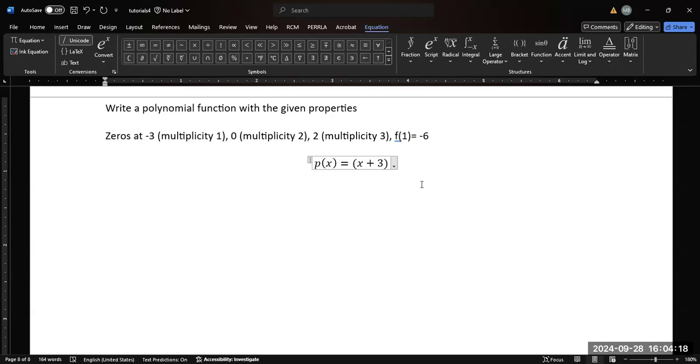There is no power to this expression because it's multiplicity 1. 0 has a multiplicity of 2, so the factor is x squared. And then finally, we have 2, x minus 2 is the factor, but this has multiplicity 3, and so we would write it like this.